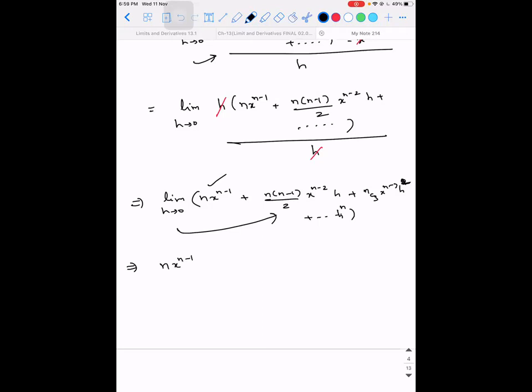n into x power n minus 1 plus, what will happen to the terms from here to here? When I substitute h tends to 0, they will be 0, which implies the derivative of x power n with respect to x is equal to n into x power n minus 1.